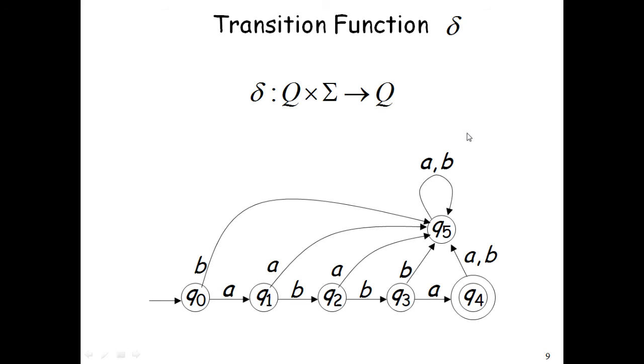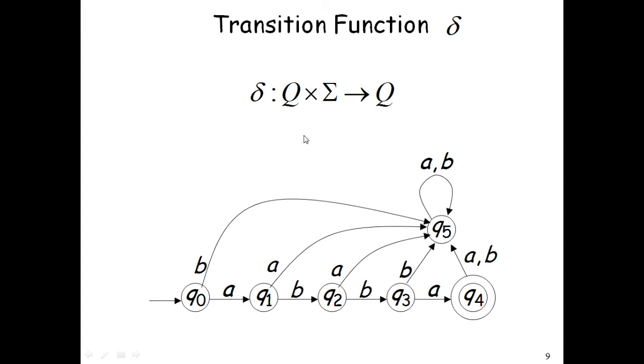Now, how does the DFA make a transition? The transition function is defined as Q cross sigma gives Q. It means that you are taking a state with an input alphabet, and it makes a transition to another state.